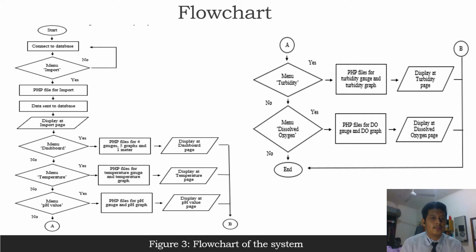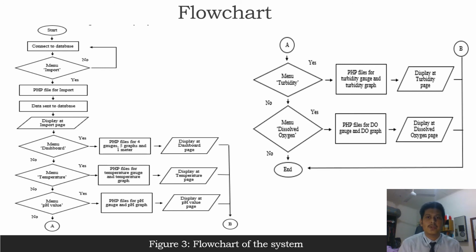For the temperature menu, it will run PHP files for the temperature gauge and temperature graph, and display the GUI on the temperature page. Next, for the pH value menu, it will run PHP files for the pH value gauge and pH value graph, and display the GUI on the pH value page.